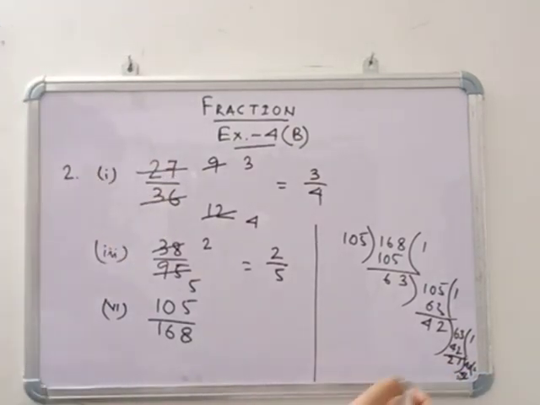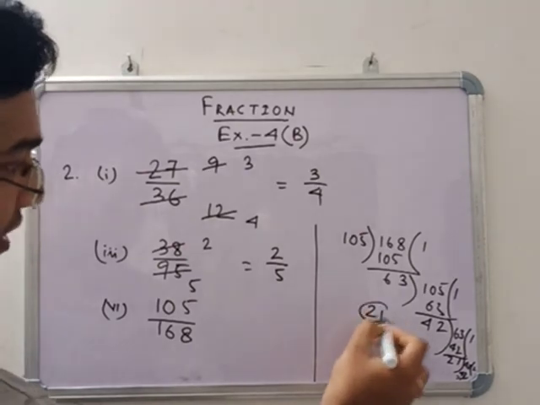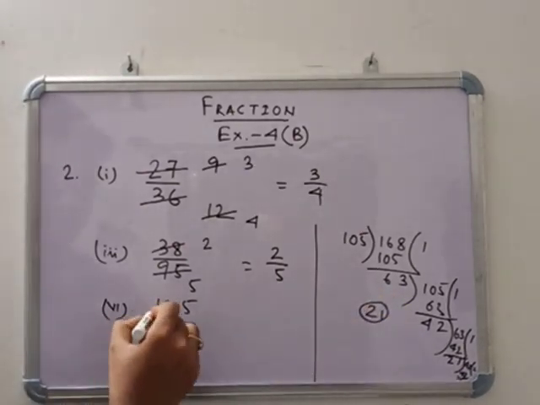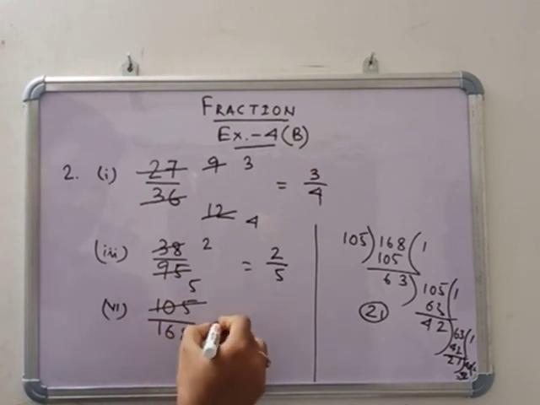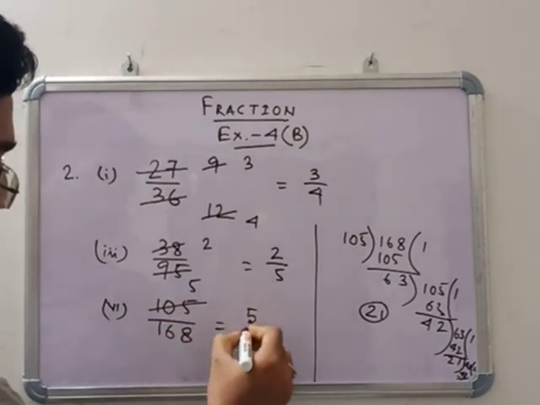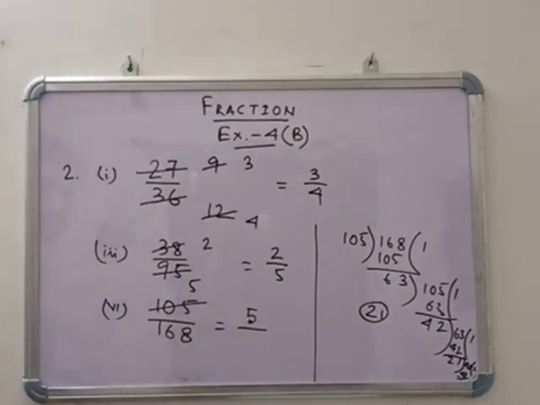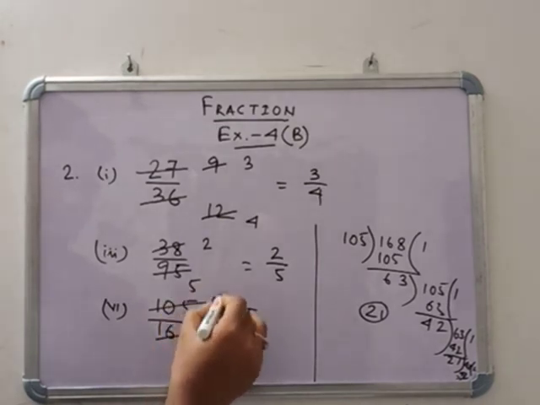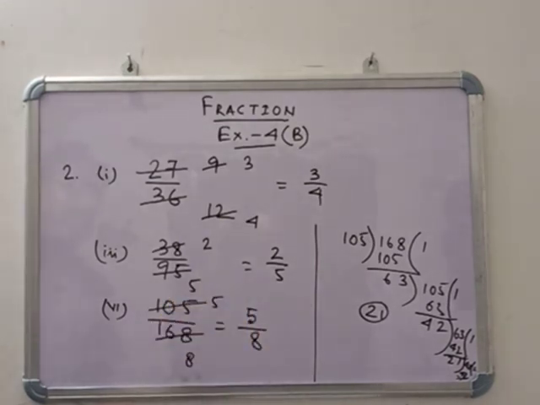That means 21 is the common factor. If we divide 105 by 21, we get 5, and 168 by 21, we get 8. So 5 by 8 is the answer here.